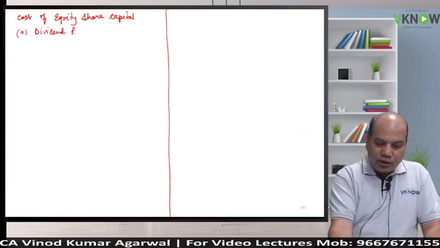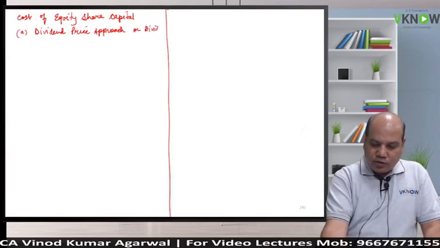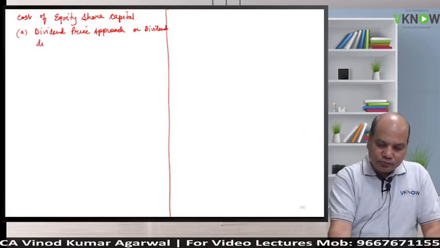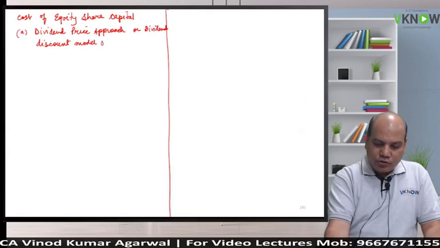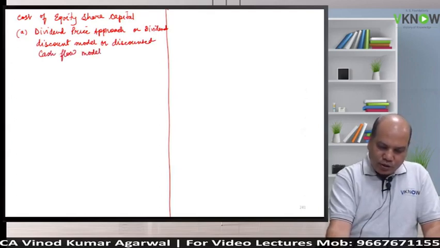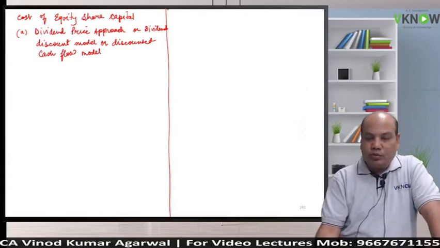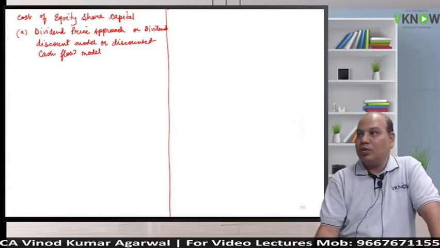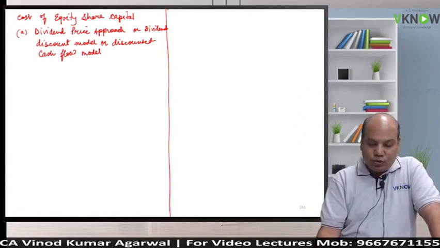One is called dividend price approach or dividend discount model or discounted cash flow model. If the institute uses the dividend price approach, dividend discount model, or discounted cash flow model, then use this.